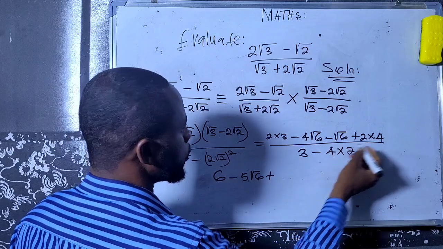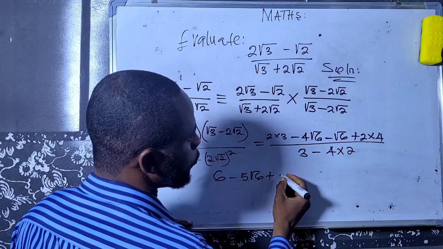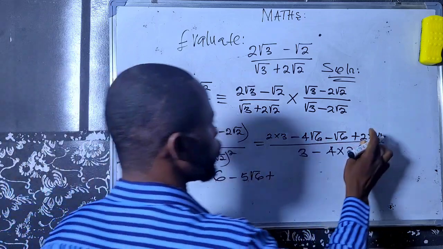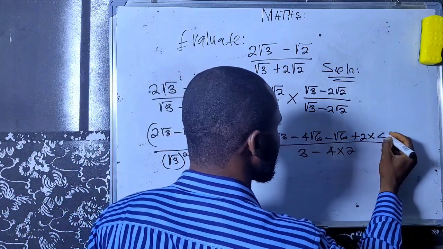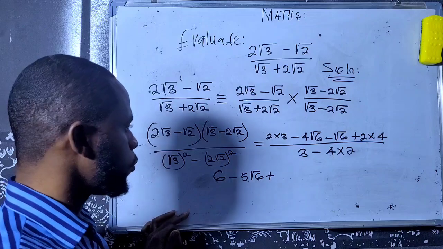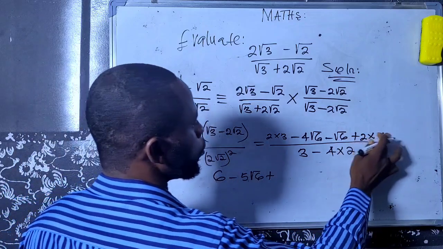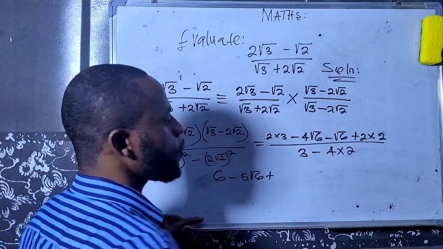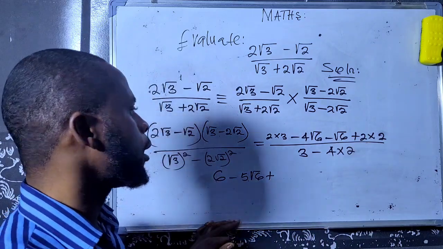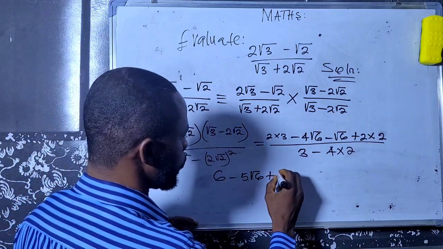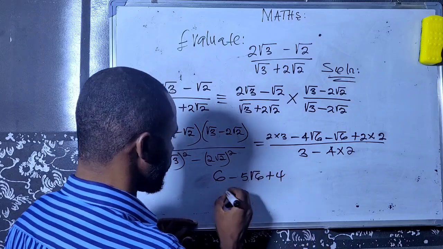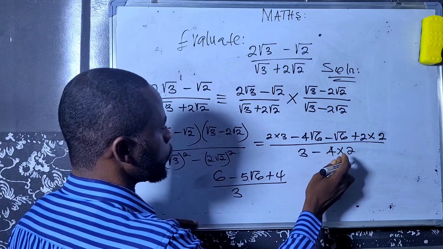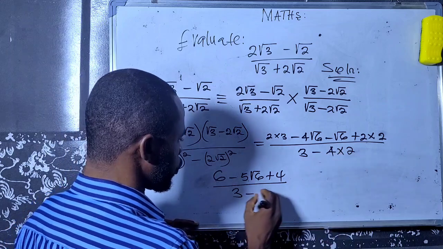Then plus 2 times 2, which is 4, because root 2 times root 2 is 2. Then divided by 3 minus 4 times 2, that will give us minus 8.